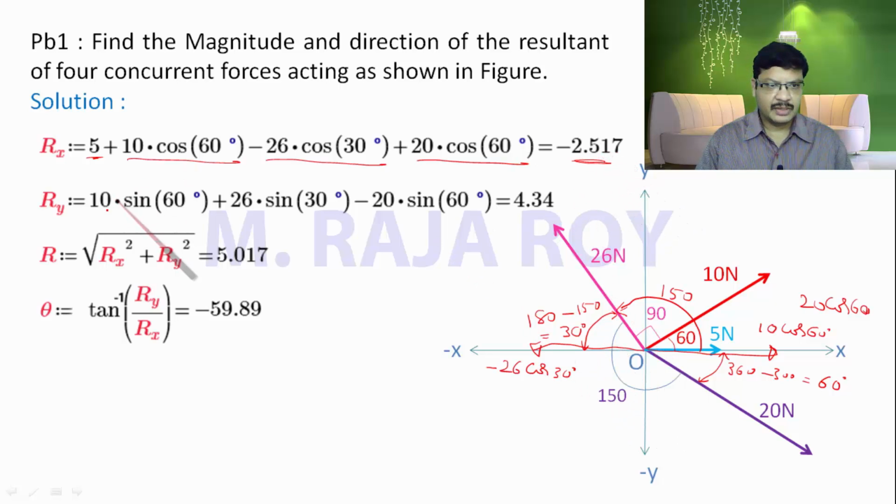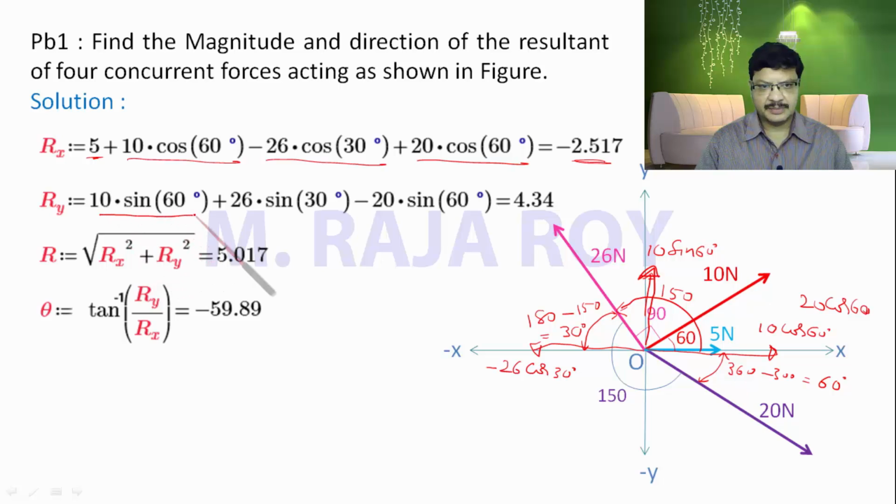Okay, now come to y direction. In y direction, this 5 Newton force effect is not there. No need to bother about this 5 Newton. This is acting only along x. For this 10 Newton force, you will have the y component that will act in the upward direction like this. In the upward direction, the value is 10 sin 60. That is positive.